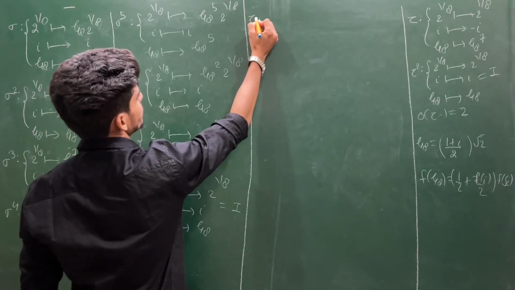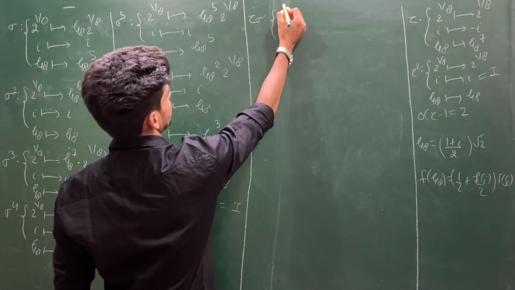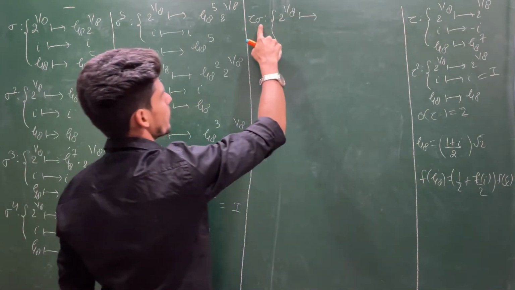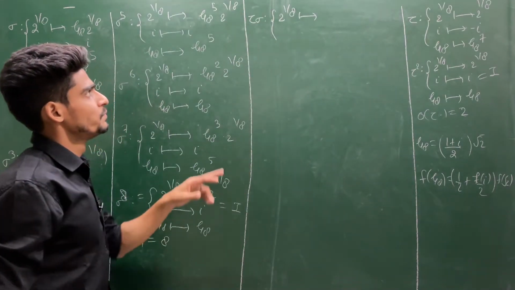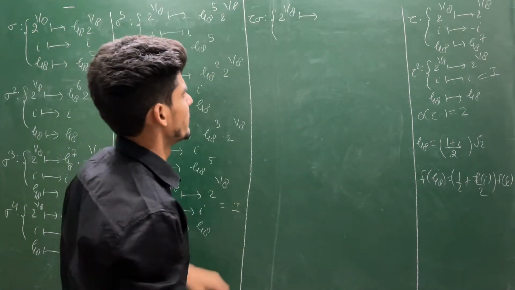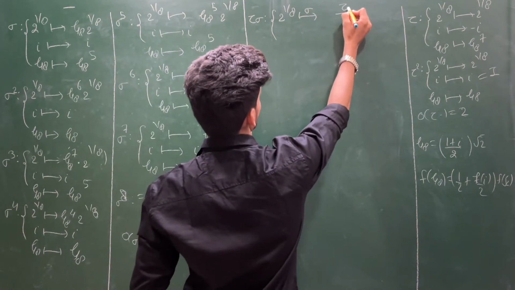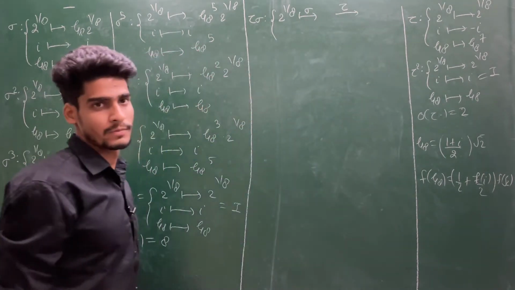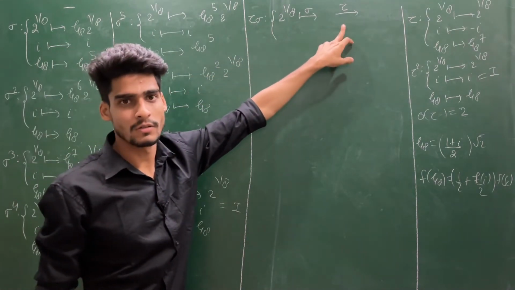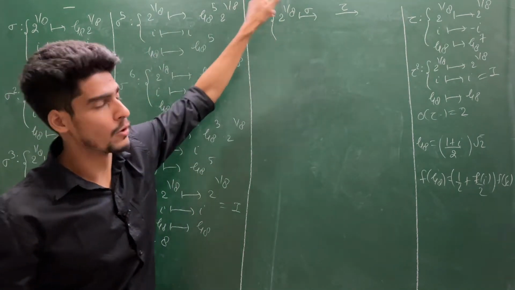So you see this tau sigma, this 2 power 1 by 8 under this map. First you operate sigma, and whatever you get, you operate tau on that, and you will get the actual image, because that is how you write composition. First you operate the inner map, then you operate the outer map.